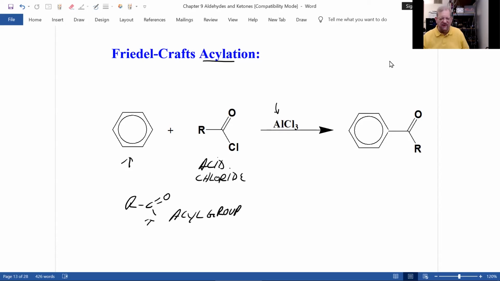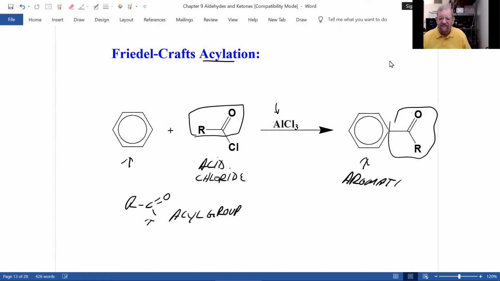And what happens is this acyl group you put on the benzene ring, remember electrophilic aromatic substitution, and now you make what's called an aromatic ketone. And that's Friedel-Crafts acylation. You've already learned alkylation. And you make that special thing, a carbon-carbon single bond. Very rare, very special, very important.